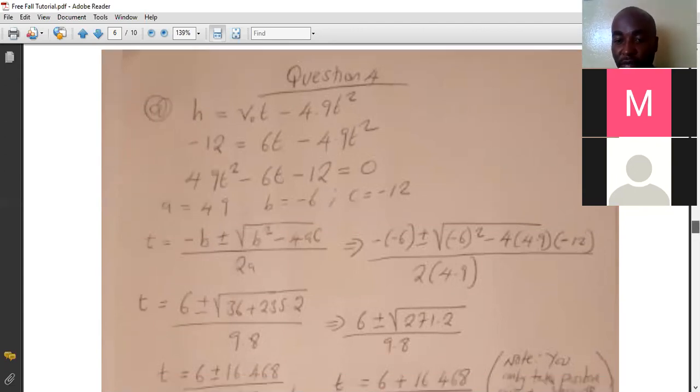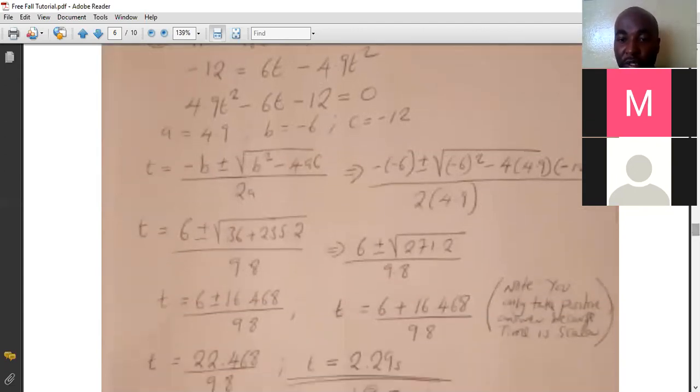I just want to emphasize, when you're doing this, it is minus 6 squared, you can even just say 6 squared. Because whether a number is negative or positive, when you square it, the answer is always positive. So it's acceptable to drop this negative if you want, because sometimes when you're substituting negatives, they confuse you.